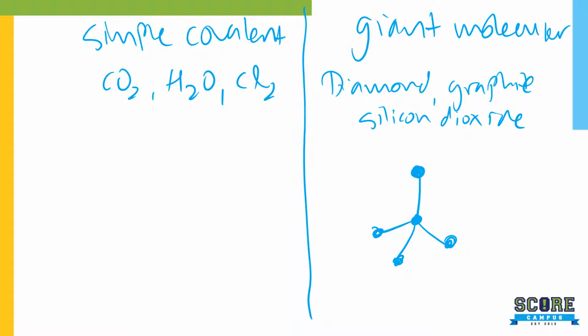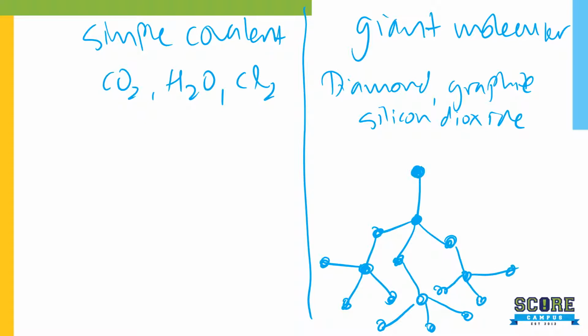Each carbon atom needs 4 bonds. Here you have another one bonded to another 3. So it will keep going on and on and on. And here you see this is a giant molecular structure.